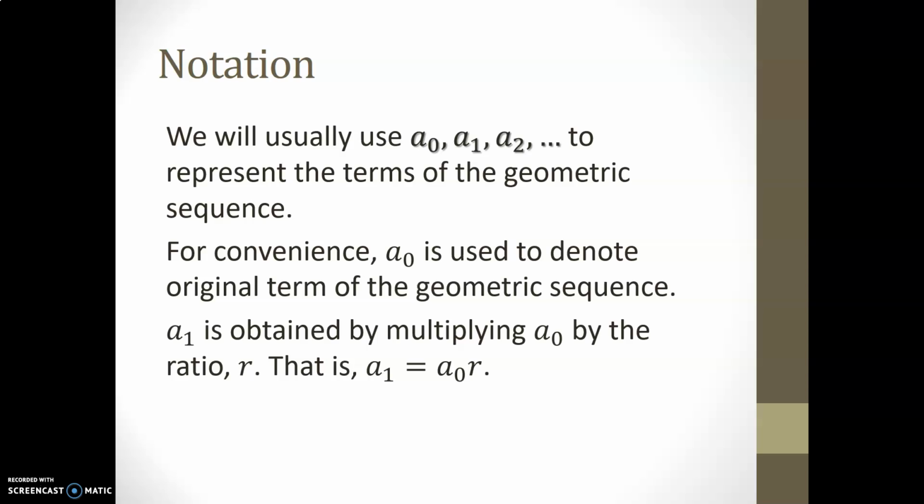So in other words, A1 will always be A0 times r. Likewise, A2 is obtained from A1 by multiplying it by r. But that really is equivalent to obtaining A2 from A0, where we have multiplied by r 2 times, so A0 times r squared.